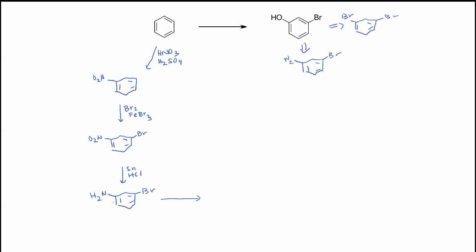All right, so after you do the amine there, we can use the HONO to make your azo compound. And then just add water to get to that phenol. Questions on that one?